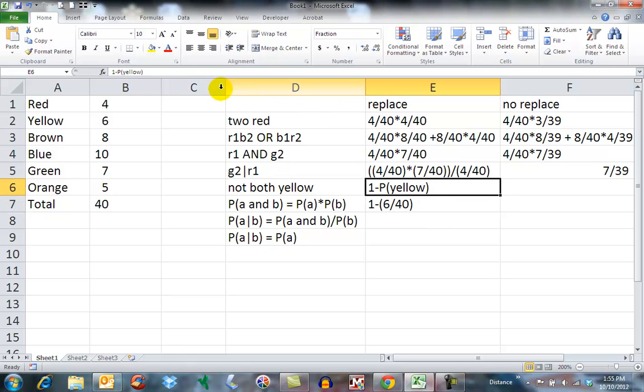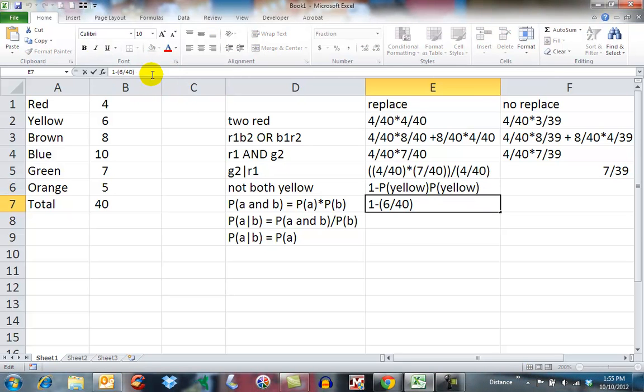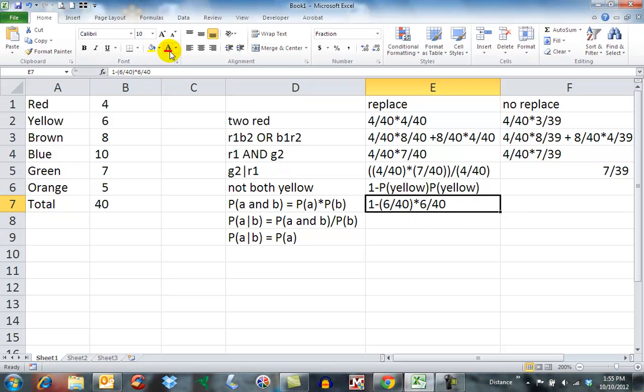So that becomes the probability of yellow times the probability of yellow. And then we multiply this and subtract it from 1. And if we were to do this, we would get our answer of 391 over 400.